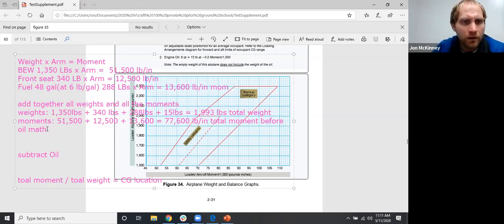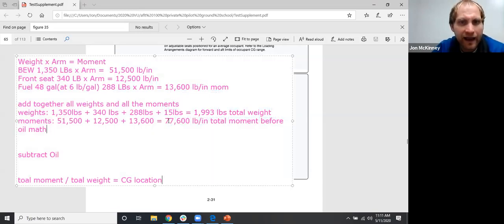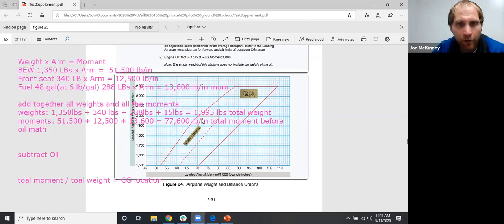So we had 77,600 total moment. We think that the oil accounts for negative 0.2 divided by 1,000. So if I scale it back up, or like Christian says, multiply by 1,000, that gave me 3 more decimal places. So I think that's going to be negative 200.